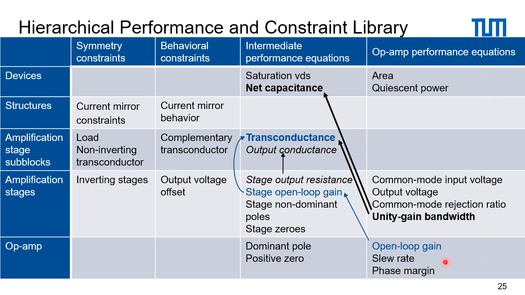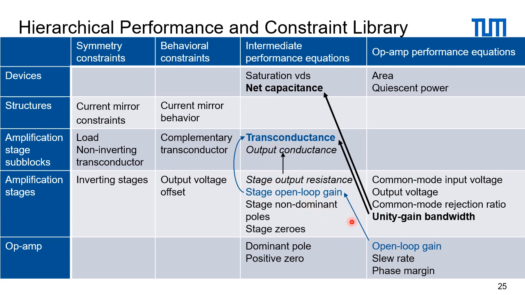So just to show the example here, the open loop gain of the overall operational amplifier is a formula in which a parameter is used which is the output of a formula for an intermediate performance equation of an amplification stage, which is the stage open loop gain. And this in turn depends on the amplification stage subblock transconductance.